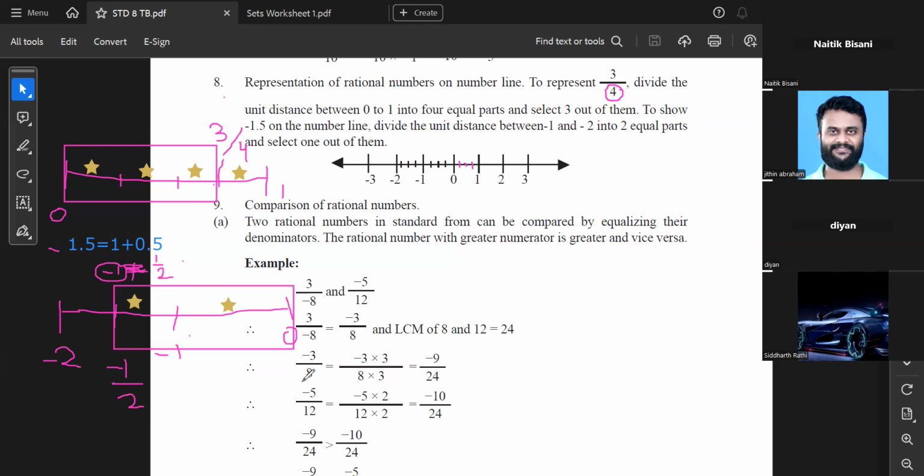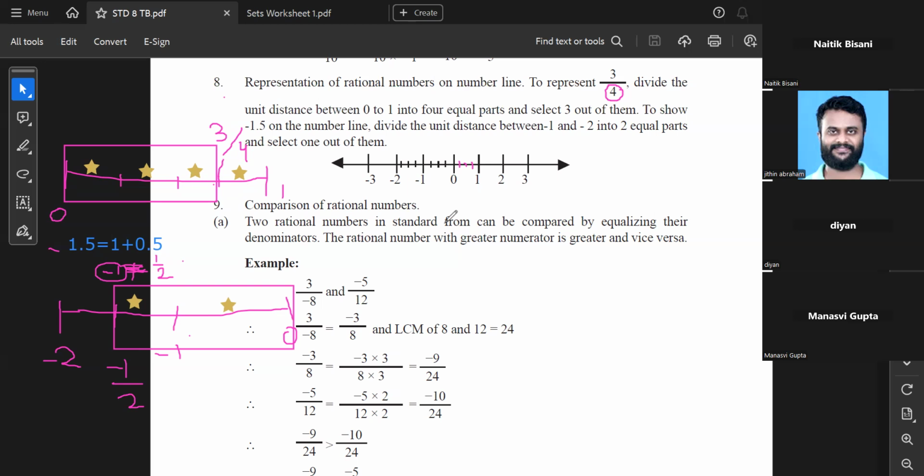Yes, Naitik, what's your query? Sir, actually, the -1/2 thing I didn't understand, and I have one more doubt. In the physical book, instead of minus 1.5, it is given -1, 1 by -2. So it's the same. But how to convert it to an improper fraction?